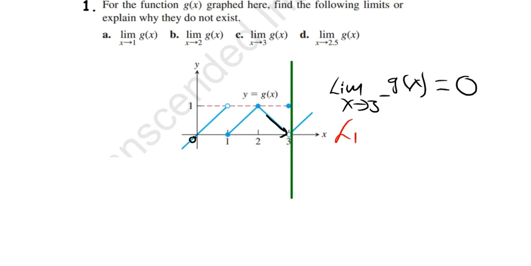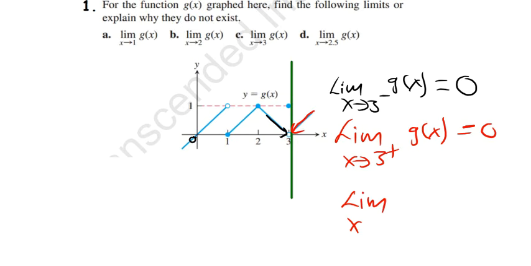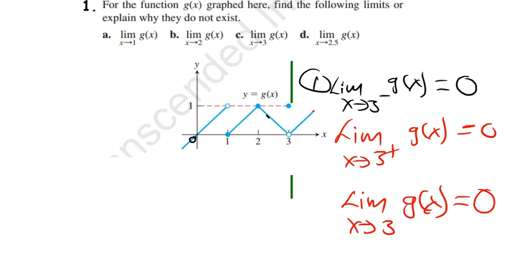From the positive side, we're also approaching 0, as we can see, about the same point, 0. So therefore the limit does exist. So these are cases where the limit does exist against a function value. So this is equal to 0. So we can now go to a second point. So the limit is 0 because from the left and the right hand side we are approaching the same value.